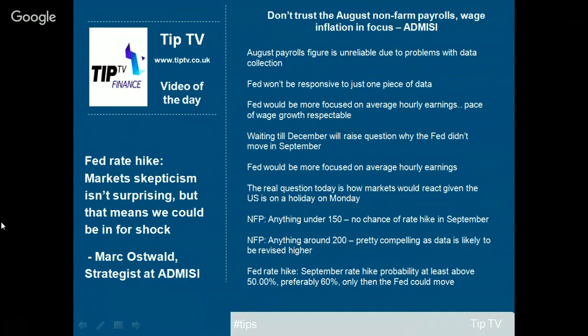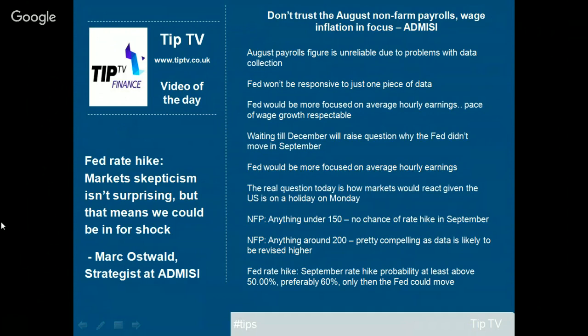As we can see, the third last point, non-farm payrolls figure, if it's anything under 150, the September rate hike odds would drop. However, I would like to add here that if the wage growth figures are very strong, then an NFP figure below 150K wouldn't matter much.